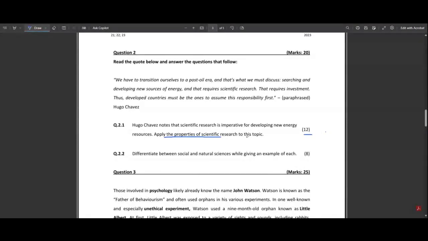You know that there are 5 scientific properties. So, I mean, it's almost a weird mark allocation. If I remember correctly, there were 2 marks per correctly applied property. And then kind of there were a bonus 2 marks for coherence or something.